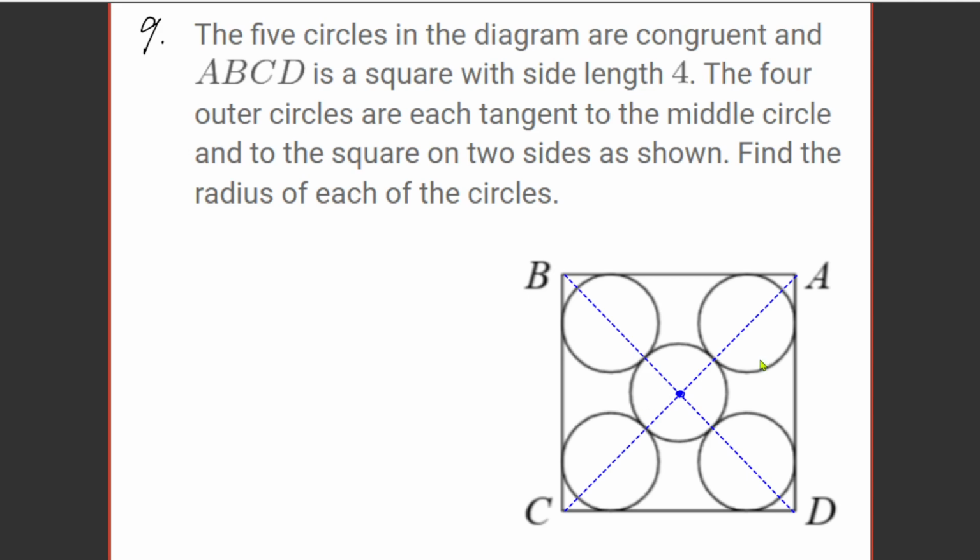And then let's consider the center of this circle here. Suppose we call this point E. Point E is equidistant from AB and AD, right?